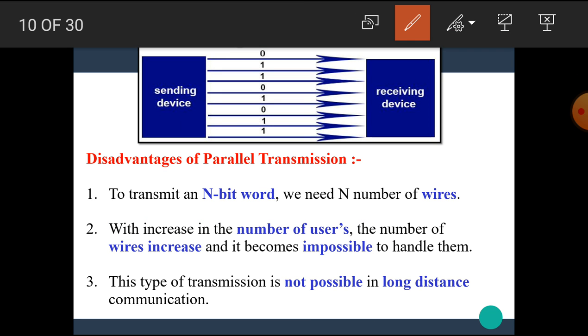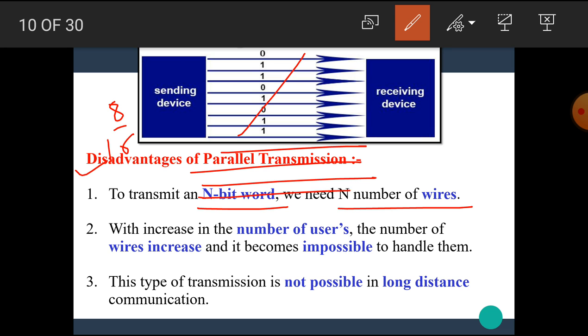The disadvantages of parallel data transmission are: to transmit an n-bit word, we need n number of wires. That means here we have the 8-bit data, hence we require 8 lines. If we have 16-bit data, then we require another 8 lines, that means total 16 lines here.